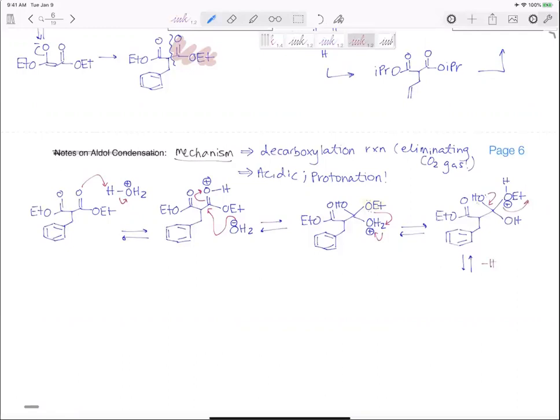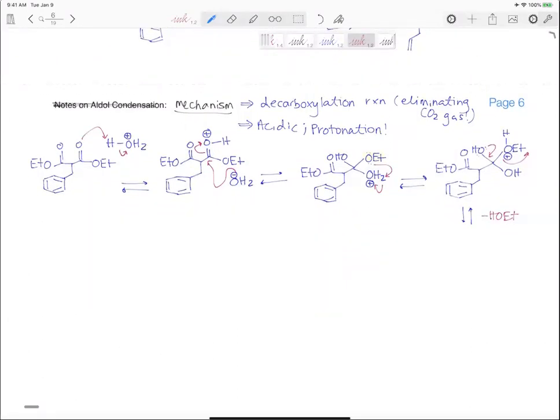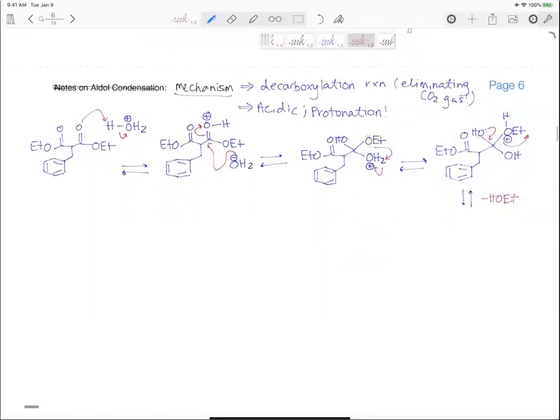So what you have here is a liberation of the ethanol.